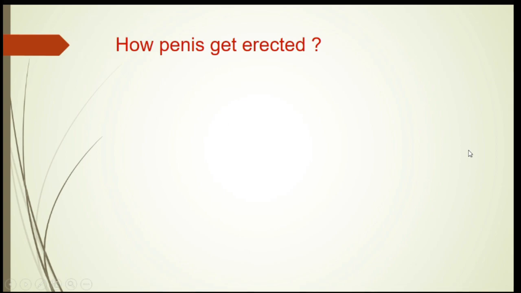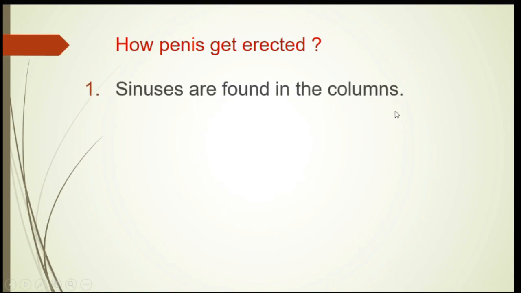Now the question arises in our mind: how does the penis get erected? The penis may get erected during the sexual act as well as non-sexual acts also. So we'll see how it gets erected. We have already seen that the erectile tissues are found in columns.